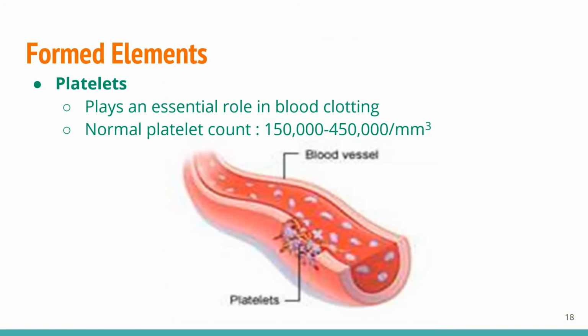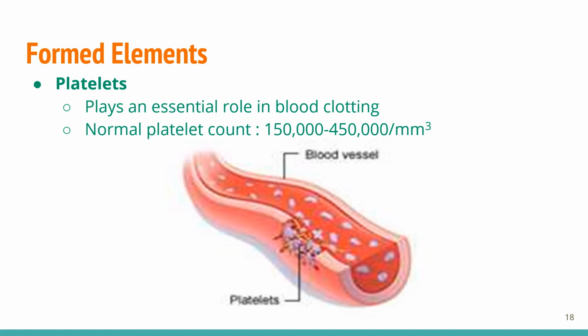All right, now talking a little bit more about, going back to the platelets. So your formed elements then, so we talked about red blood cells, white blood cells, and now we're going to talk about the platelets. Okay, so when you think of platelets, you just think of blood clotting.